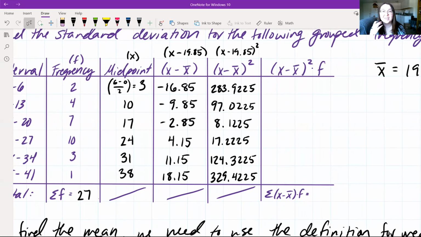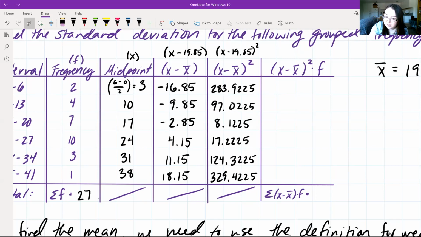Now that we have these values, we are just so close. We're one step away from finally being able to calculate our variance. So now we're taking this value that we found from squaring the deviation from the mean, and we're going to multiply it by the frequency of our interval.